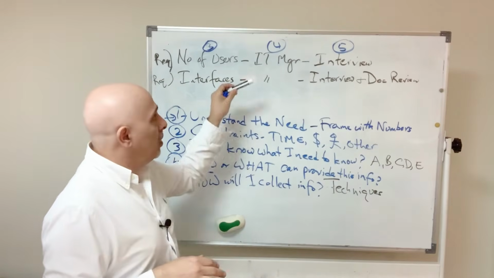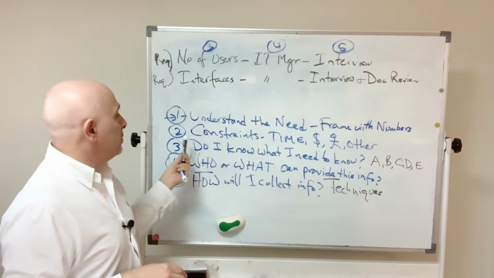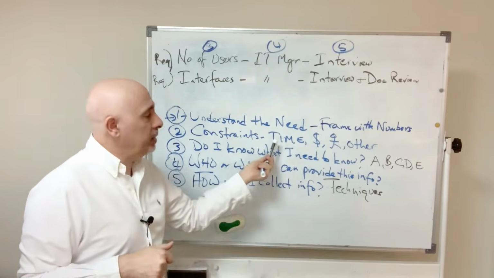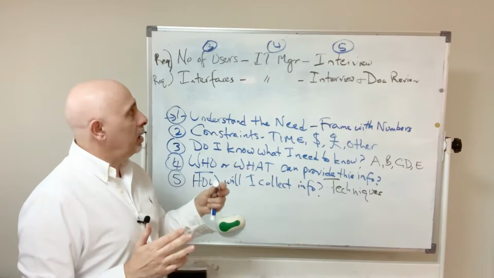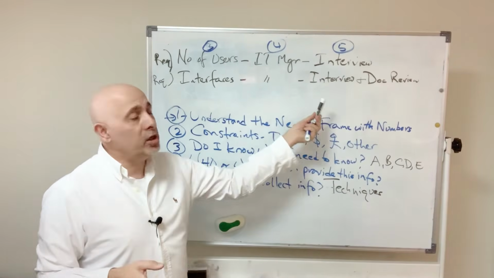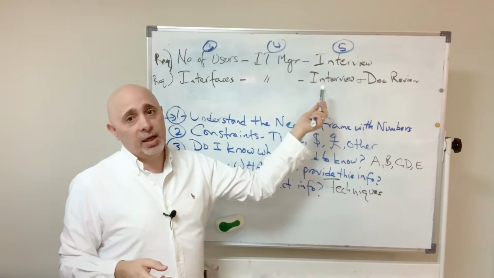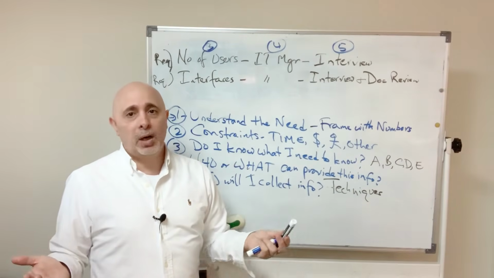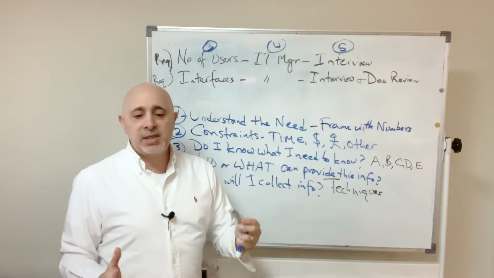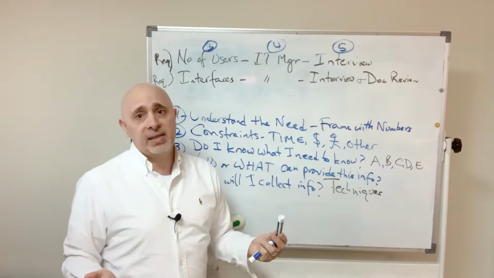Mind you, with regards to time frame, you also have to consider step number 2, constraints. You may have a limited time to get this done, and if you are really tight on time, then workshops might work much better than interviews, because you can just bring everybody into a 2 or 4 hour workshop with some snacks, and you can just sort things out.